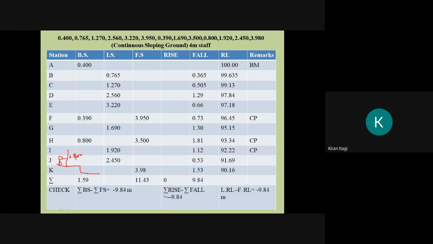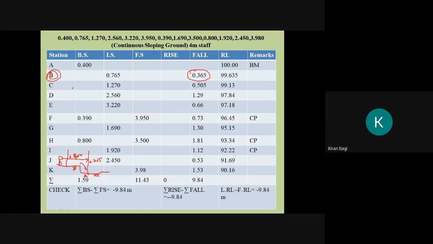Now at this point I will call this one station B. When I have kept my staff here, see, your scale went downward, but the instrument is at the top level only. So when you took the reading, it is showing 0.765. You can visualize here, the ground level is here, and at station B the ground level is here, which means the ground is falling. So we have got the negative, so we will write it in the falling column.